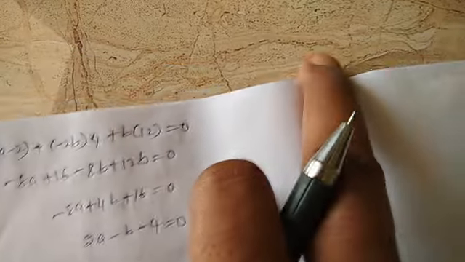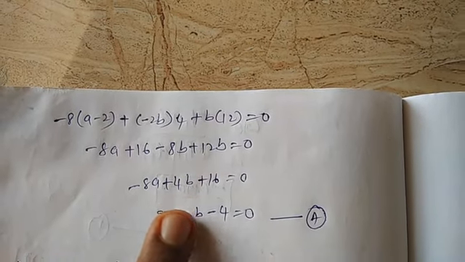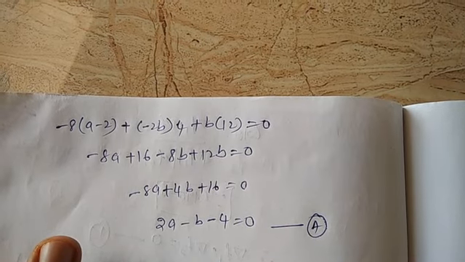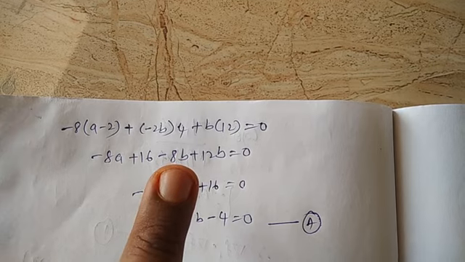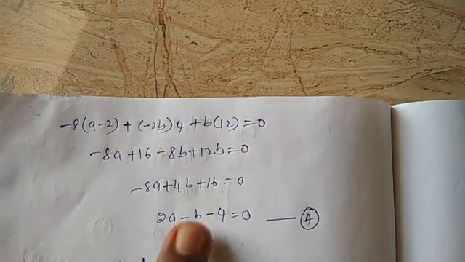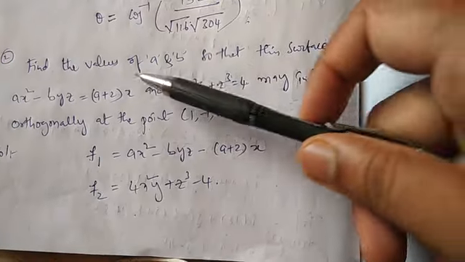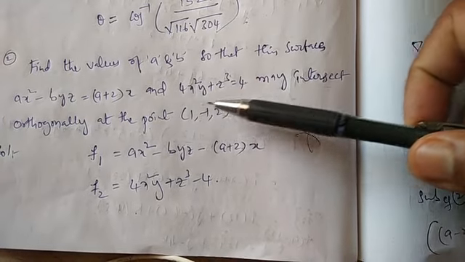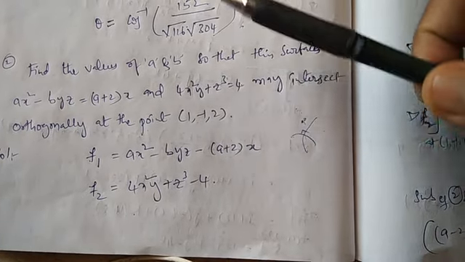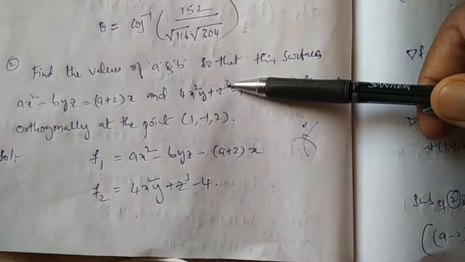To get a comma b, two values, you should have two equations. But using the condition that del f1 dot del f2 equals 0, we have only one equation. We require another equation to get a comma b values. To get that, when you look at the problem again, the two curves intersect at the point 1 comma minus 1 comma 2. Now this point should satisfy both curves.